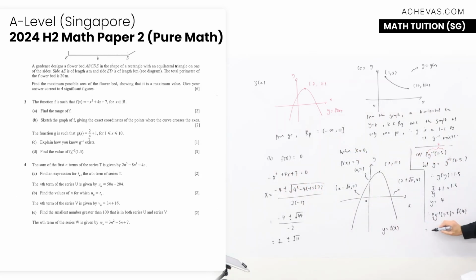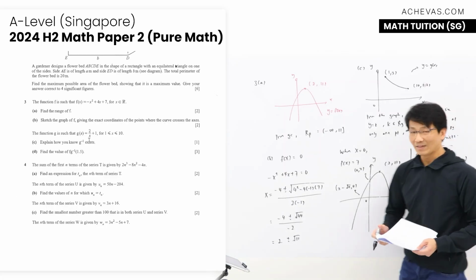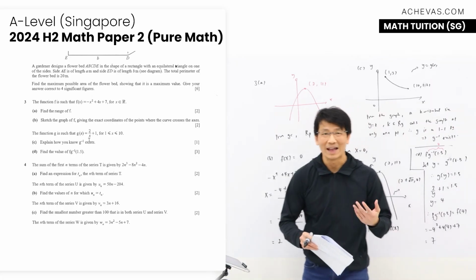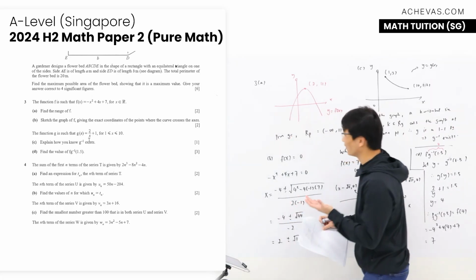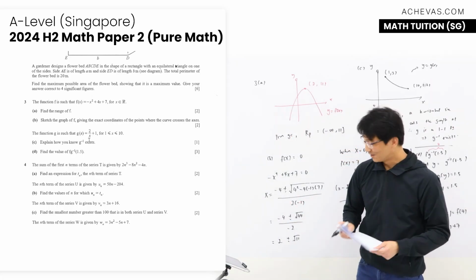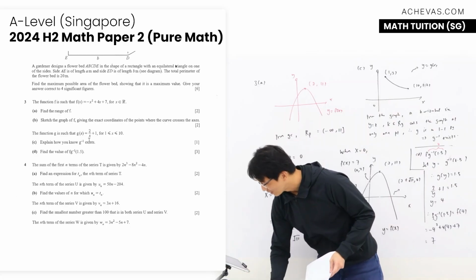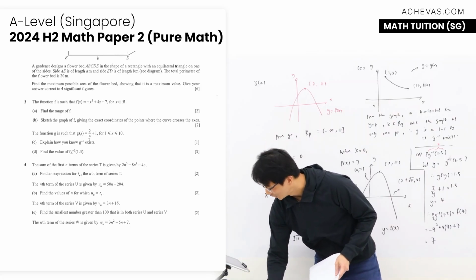So I get a minus 4 squared plus 4 times 4 plus 7, and this will work out to be a value of 7. I think this is a much more efficient method than trying to find the new function of fg inverse x. That's the answer for part D of question number 3.